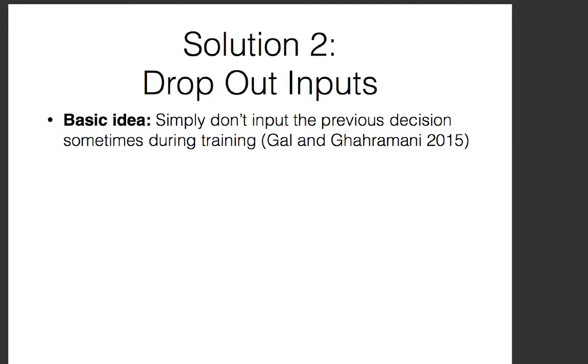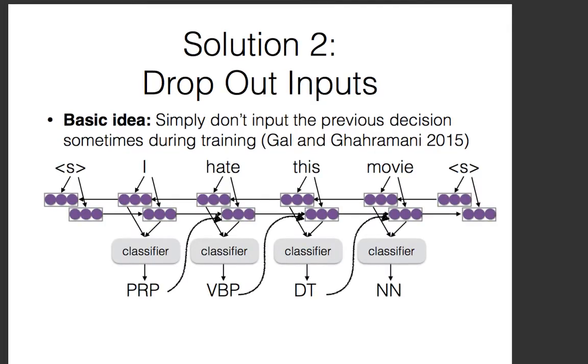Another thing that you can do is instead of inputting a particular sampled word, you just completely drop out the word. So the idea here is you feed in the input some of the time, and sometimes you just feed in a zero vector that has no information whatsoever.